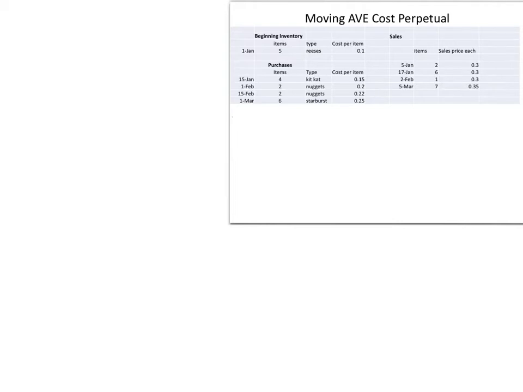So on January 1, we purchase five at 10 cents a piece, and so that's 50 cents, and our average cost for those goods right then is 10 cents, okay?